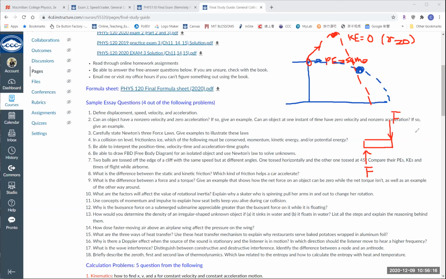If you calculate the net force, this net force will be equal to zero because they have opposite directions and the same amount. So you sum them together, you're going to get a net force equal to zero. But if you look at the torque, it is not going to be zero.